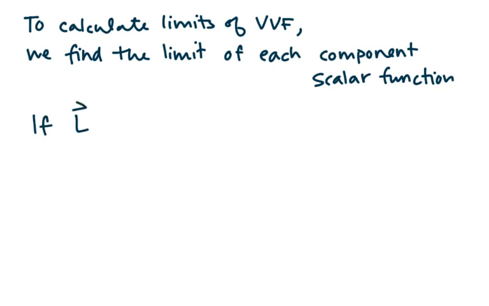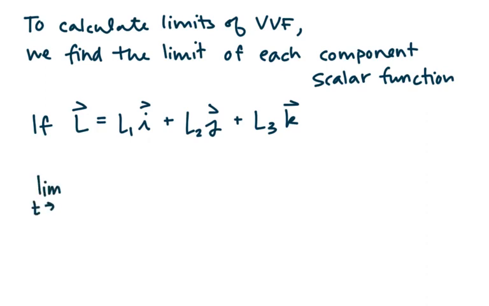If we have some limit vector, L sub 1 i plus L sub 2 j plus L sub 3 k, then we can show that the limit as t approaches t naught of r equals L. And that would be by just simply showing that the limit of each of these functions has that limit L sub 1, L sub 2, L sub 3, right?